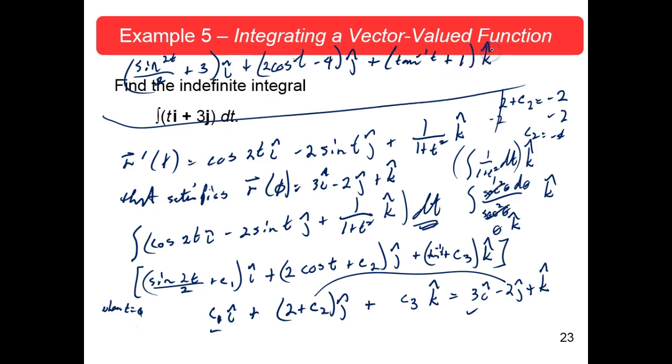Okay. Now, you can write it like that, or you could have written it this way. Sine of 2t over 2 i plus 2 cosine t j plus inverse tangent of t k.